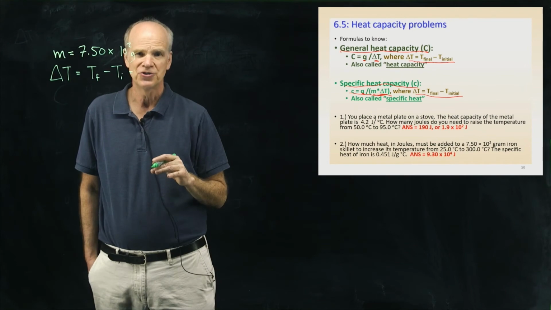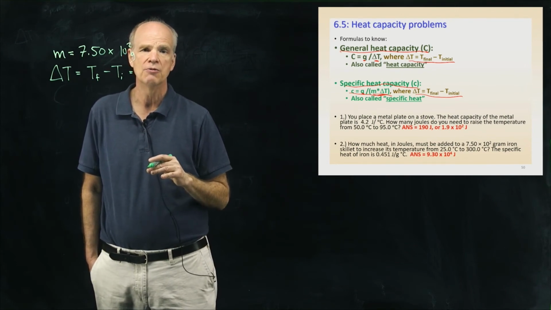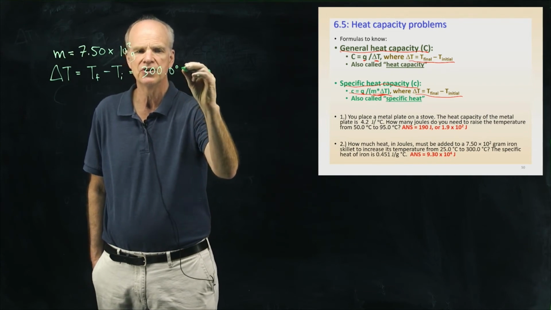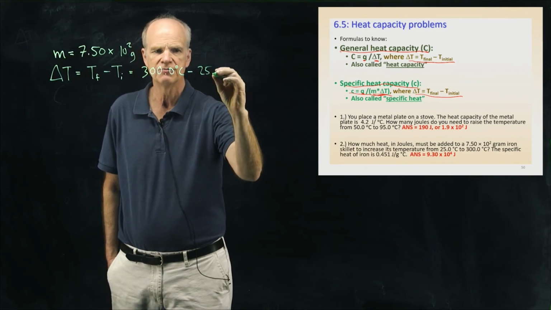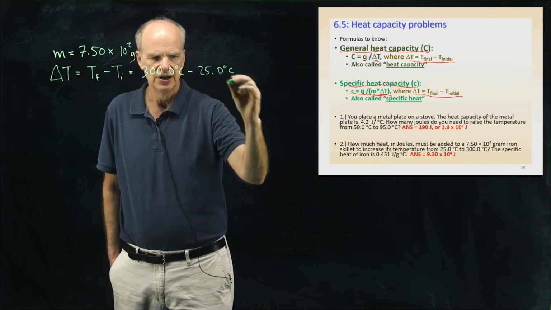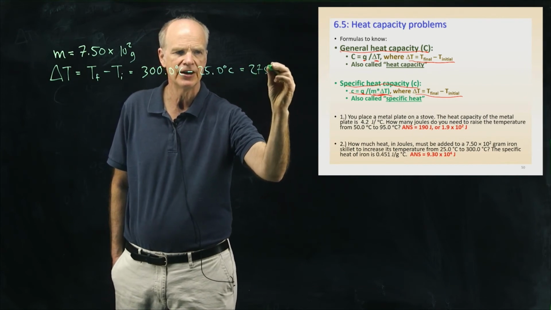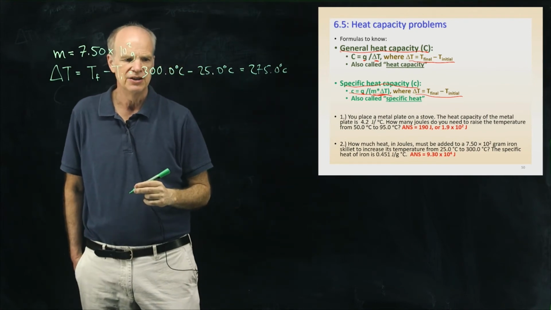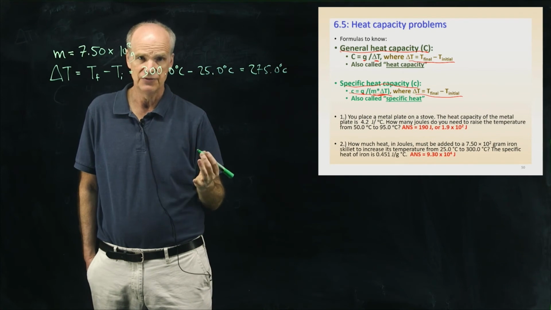In this problem, we're going from 25 degrees Celsius to 300 degrees Celsius. So we take the final temperature, 300.0 degrees Celsius, and subtract from it the initial temperature, 25.0 degrees Celsius. This is going to be 275.0 degrees Celsius.